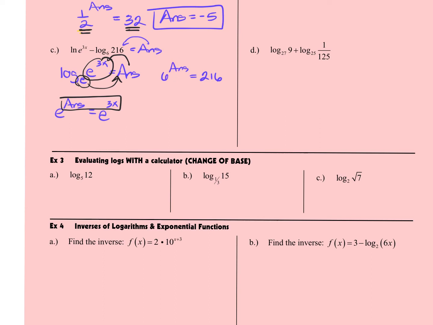I don't have to do anything here. So I'll have 6 to the answer equals 6 cubed, and now I can see these are the same. The bases are the same, so the exponents are the same. So my final answer is going to be 3x from right there, and this 3 from right there, and then the original minus from up here goes in between, and that would be our final answer.